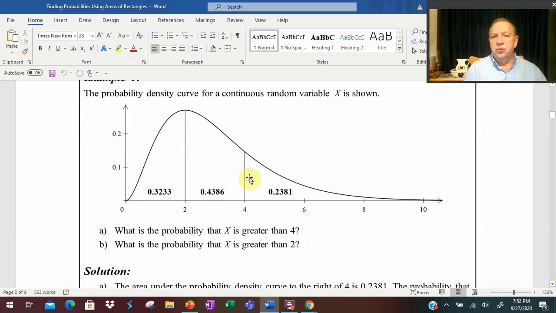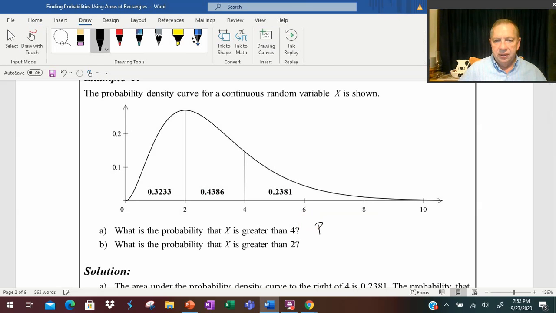That would be the 0.2381. That would be this interval here, and the area given under that curve is 0.2381, and that's the probability. If I wrote this, I would say the probability that X is greater than 4 is equal to 0.2381. That's how I would write that.